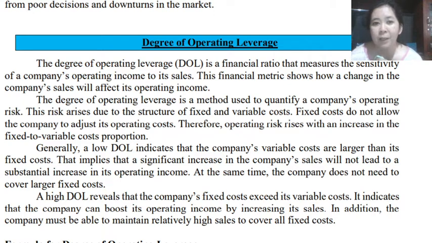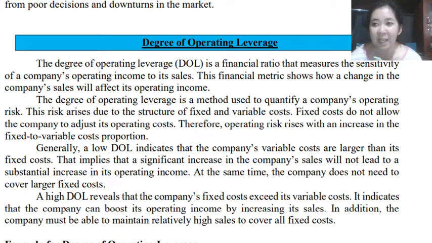While if there is a high degree of operating leverage, this will reveal that the company's fixed cost exceeds its variable cost. Why is that so? Because in this case, it indicates that the company can boost its operating income by increasing its sales.